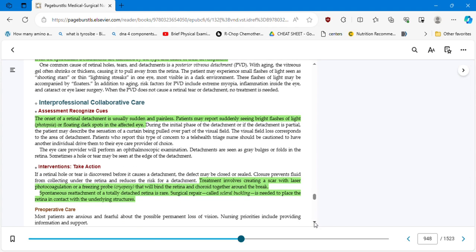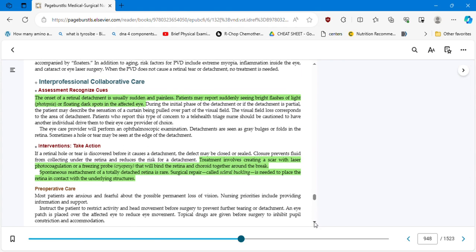Also, the onset of a retinal detachment is usually sudden and painless. That's scary. The onset is sudden and painless. Patient may report suddenly seeing bright flashes of light, photopsia, or floating dark spots in the affected eye. That's the retina. Okay?